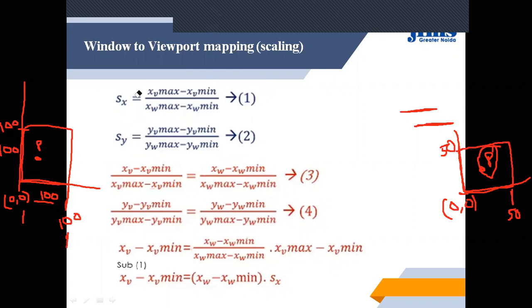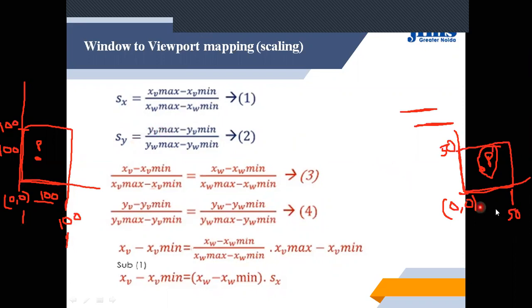First of all, we have to find Sx, which equals xv max and xv min over xw max, 100, and xw min, 0.